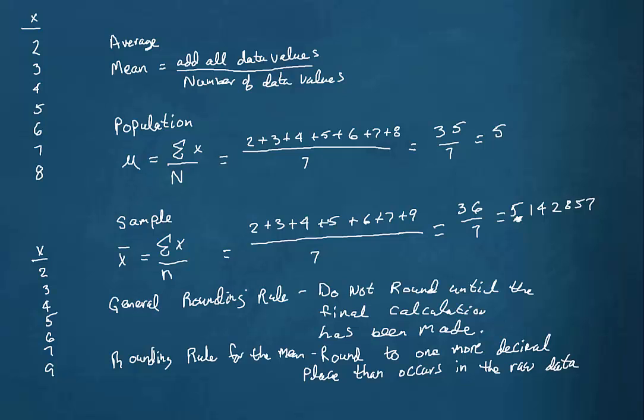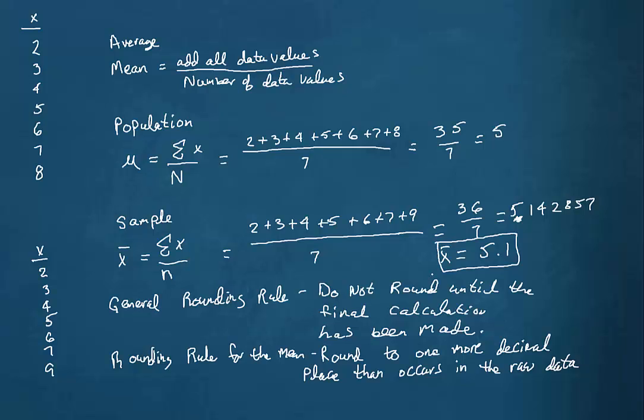So when we look at our raw data values, they're all whole numbers. So our mean then should actually be rounded to the tenths place. And here it is, 5.1, if we round to the tenths place.